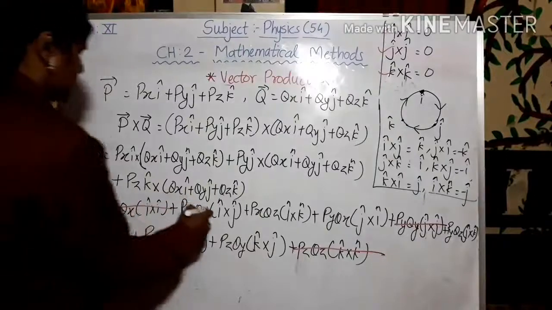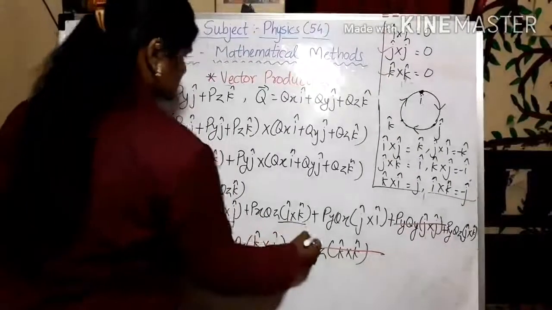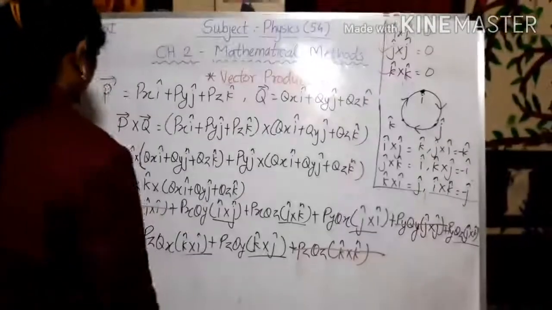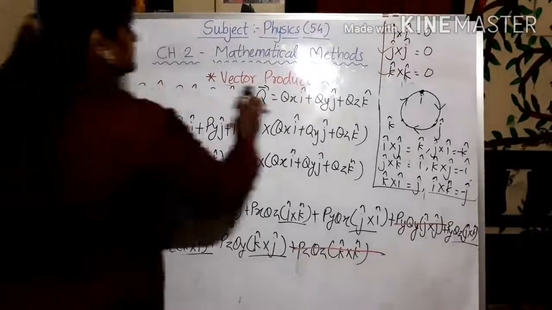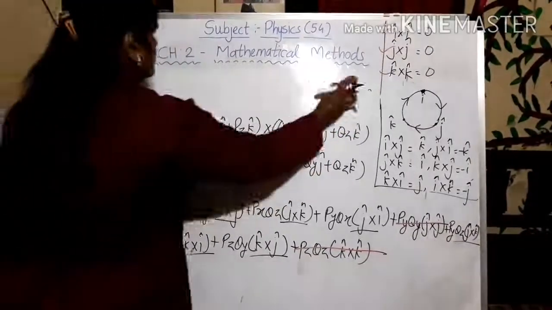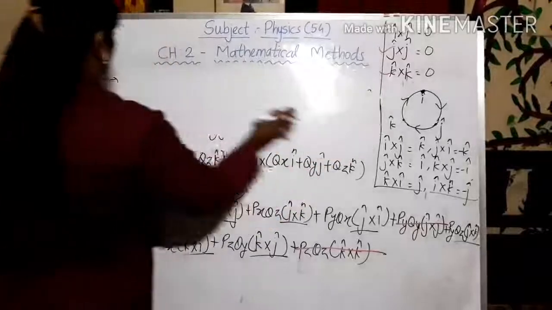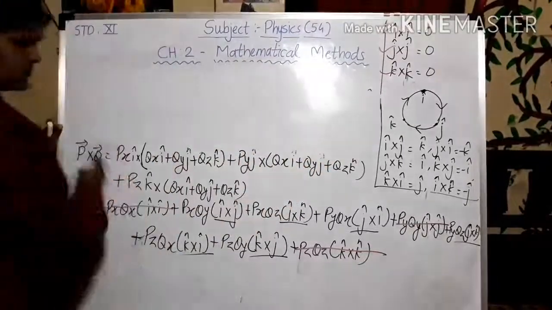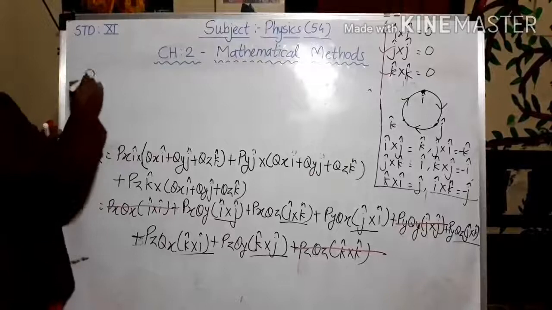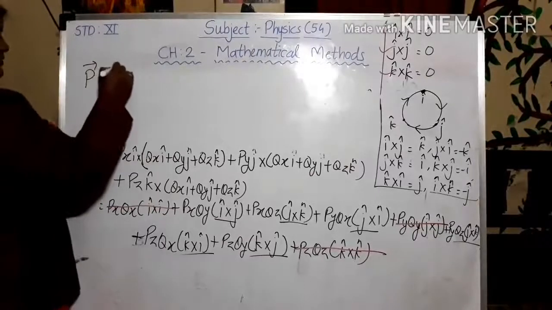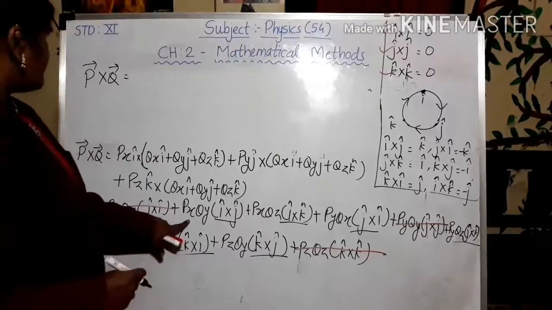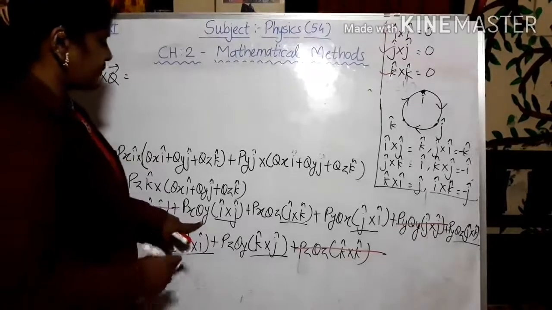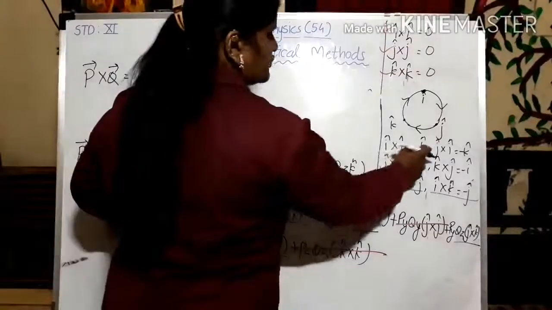Now we will see what happens to this. Okay? So I am going to write it over here. See, Px qy I cross j is k.